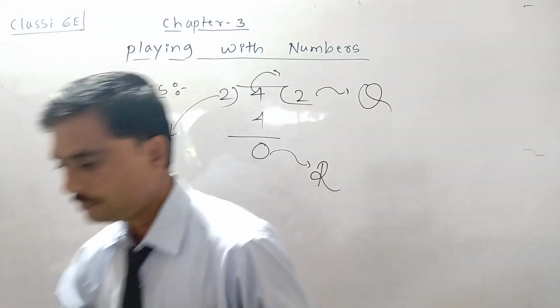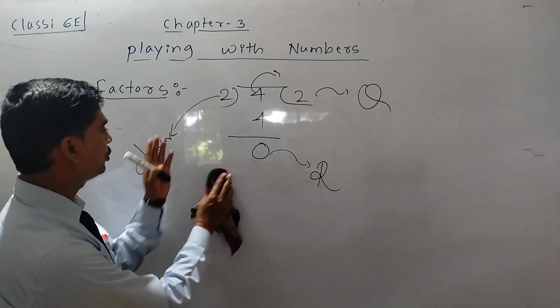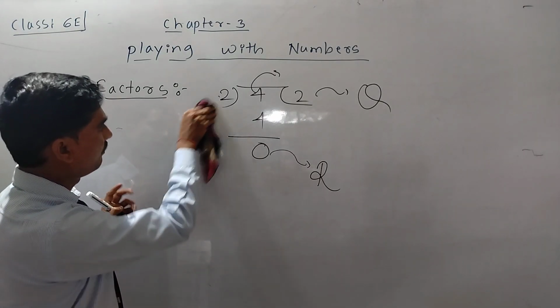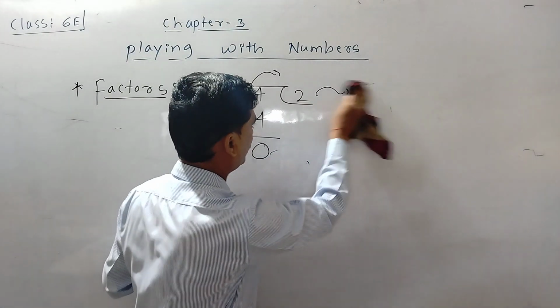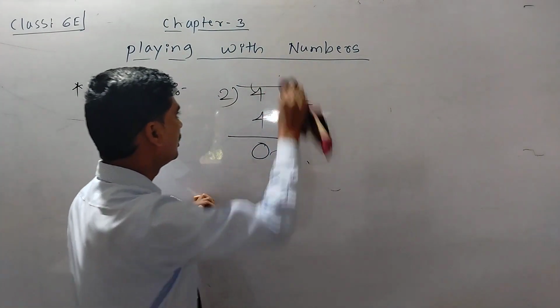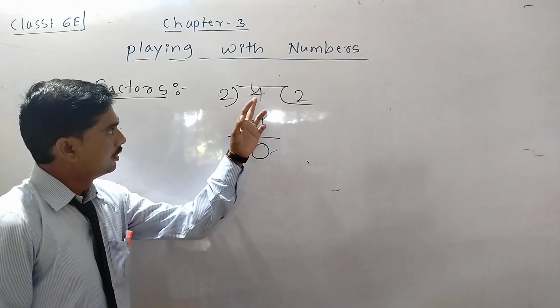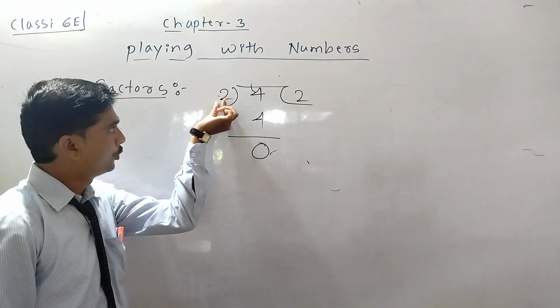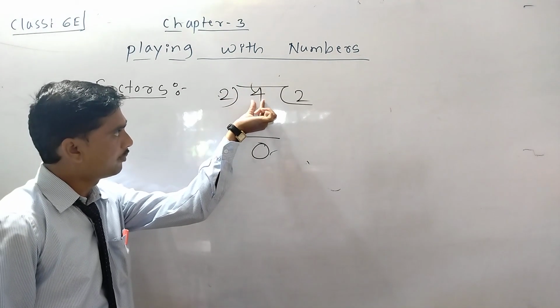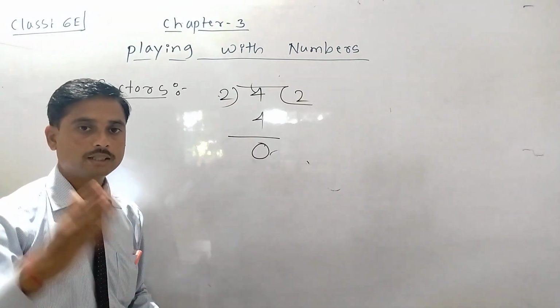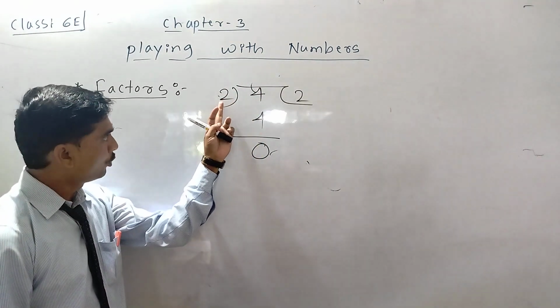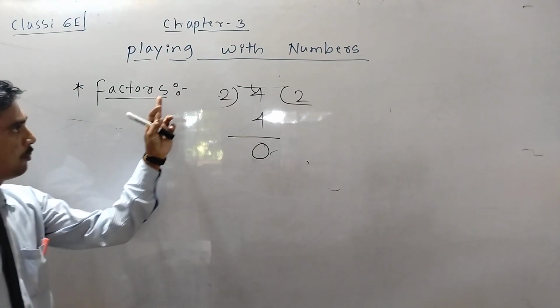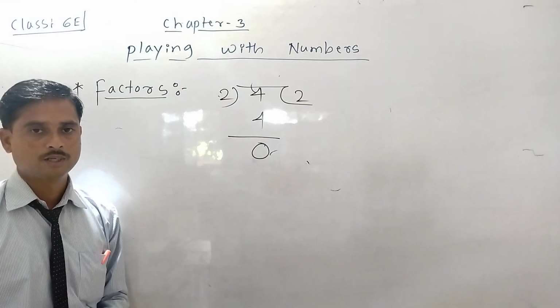Now we are going to discuss factors. Remember, which number divides 4 completely? 2 divides 4 completely. Yes. Then we call 2 a factor of 4.